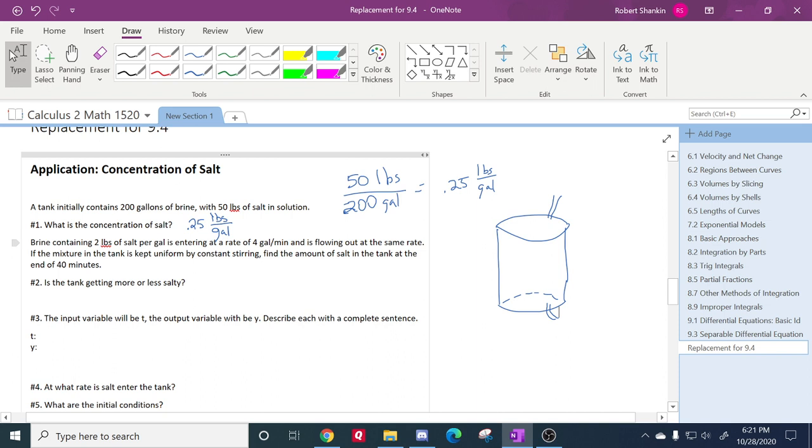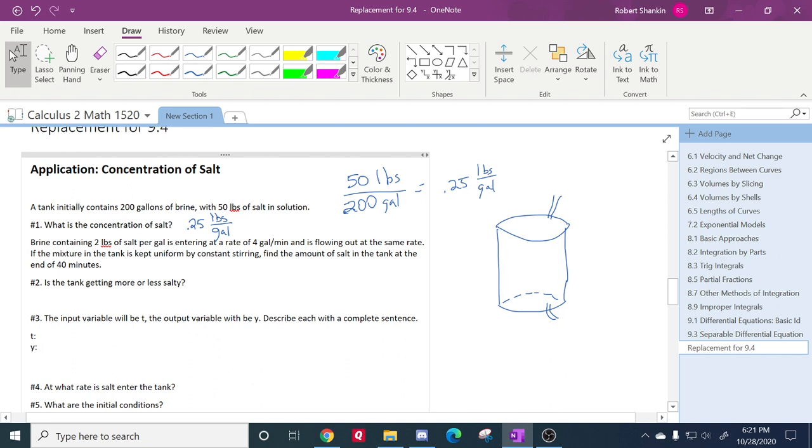The question actually becomes much easier to answer if we say, what is the amount of salt at all times? And we're going to be able to solve that problem. So when you make the problem bigger, what is the pounds of salt at every moment of time? Well, that one we can solve. And then we can go back and solve this particular problem.